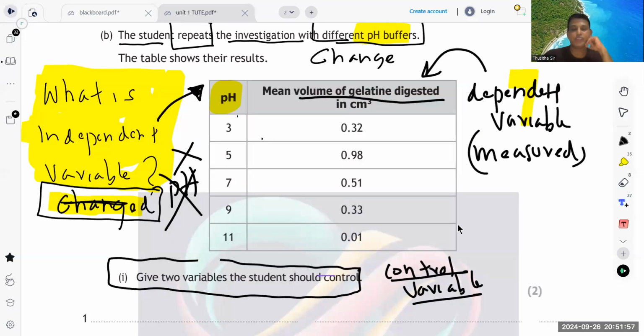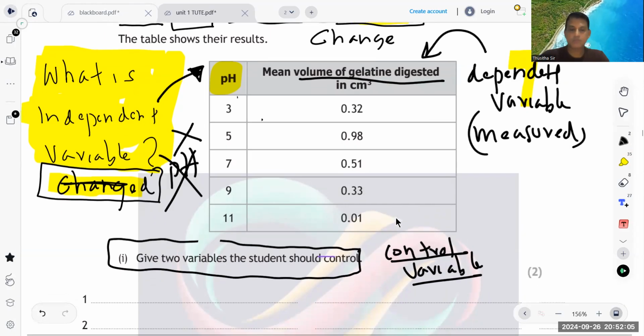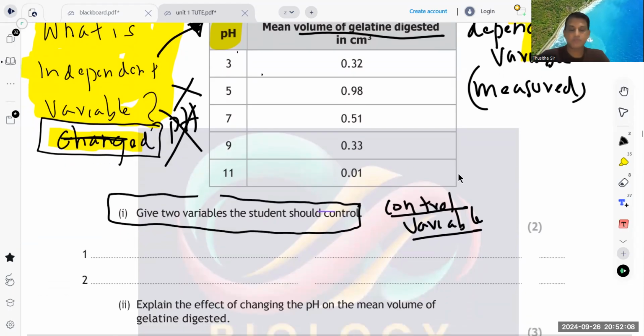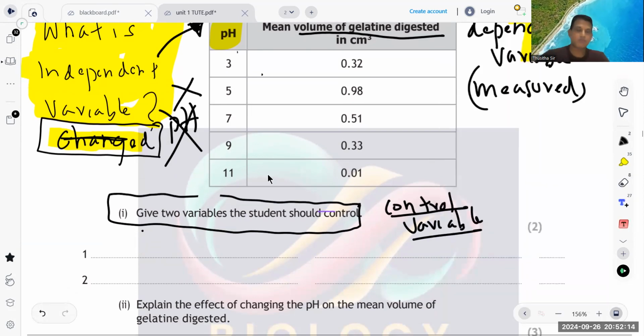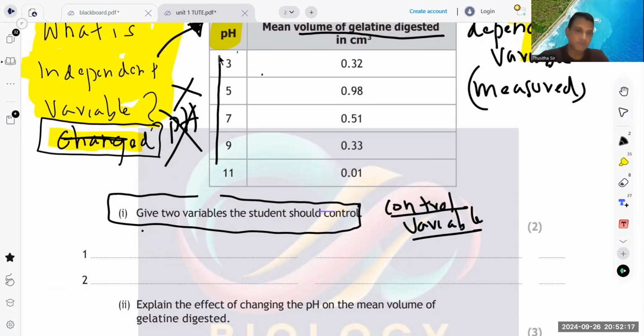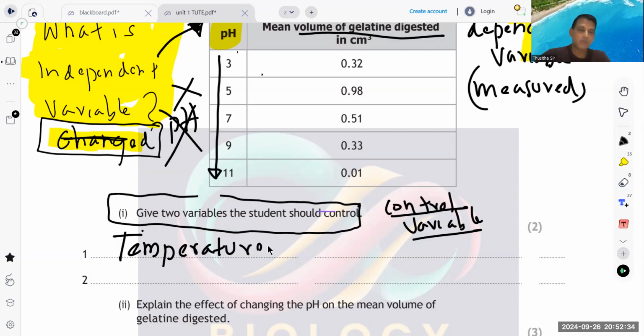At least one control variable. pH is changing. You can't use pH. The student should keep other variables controlled. Okay, for example temperature. Then the volume.